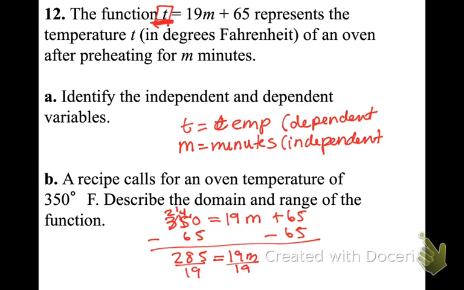And we get M equals 15. That makes sense for that domain, since M stands for minutes. So it says describe the domain and range of the function. So at 15 minutes, the domain, the temperature will be 350 degrees Fahrenheit, the range.